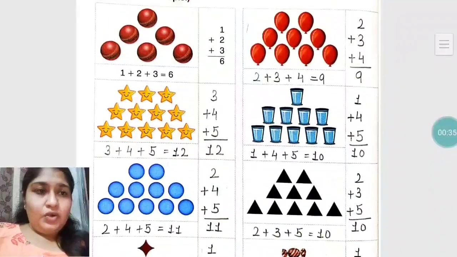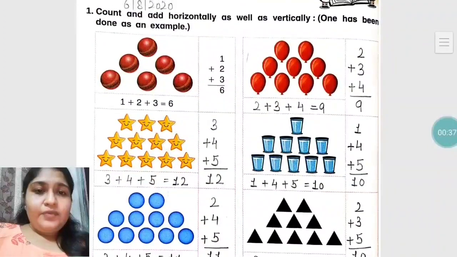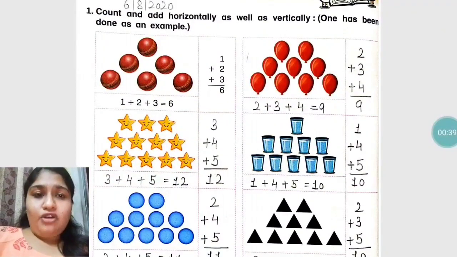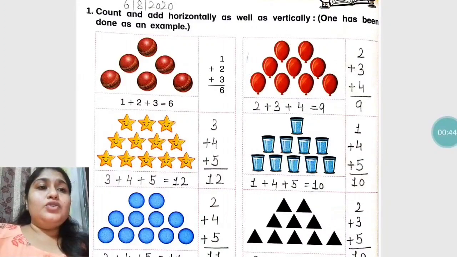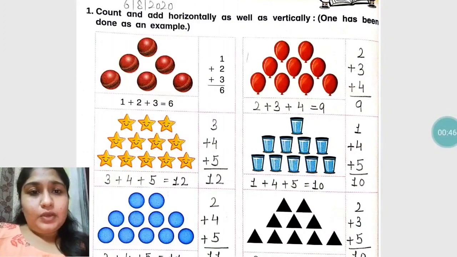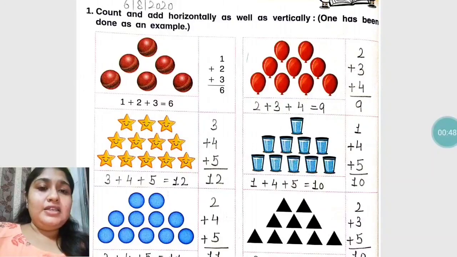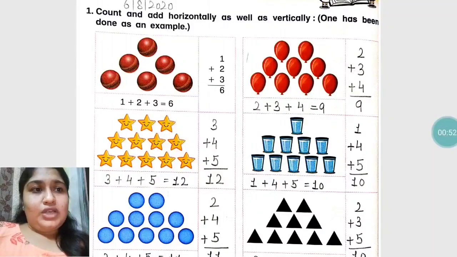Okay, so the second one is the picture of balloon. So when you add the 2 balloons to the other 3 balloons, so the answer is 5. And when we add that 5 to 4, so the answer is 9. The next is stars.